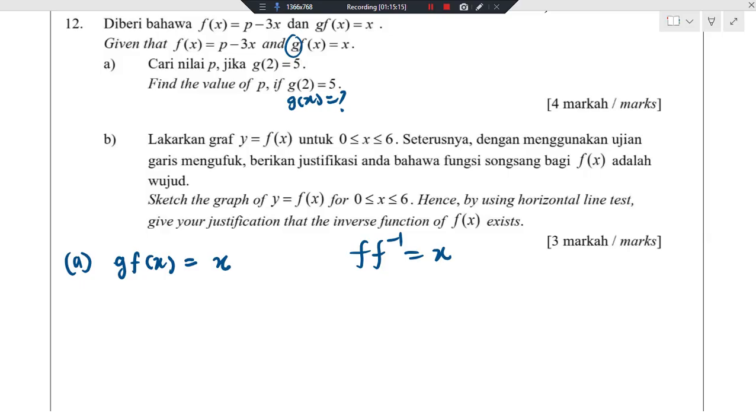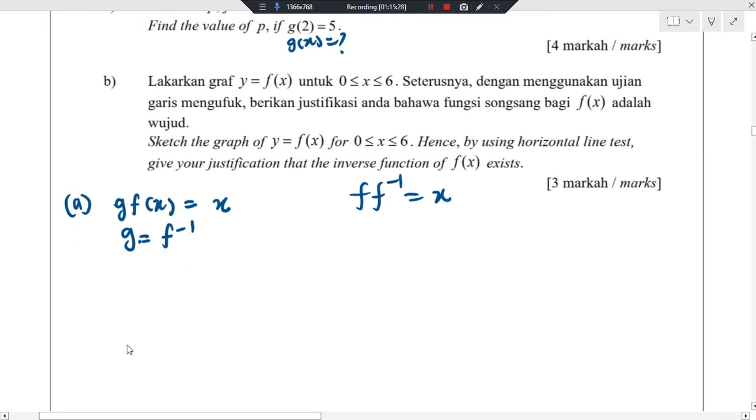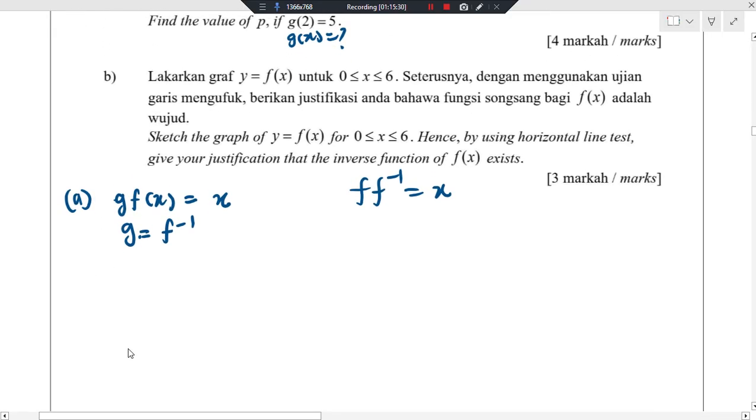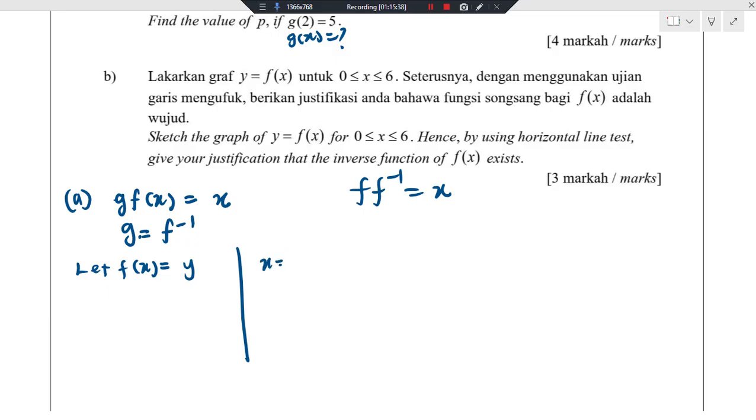Let fx equals to y, x equals to f inverse y. What is fx? p minus 3x equals to y, and then p minus y equals to 3x.